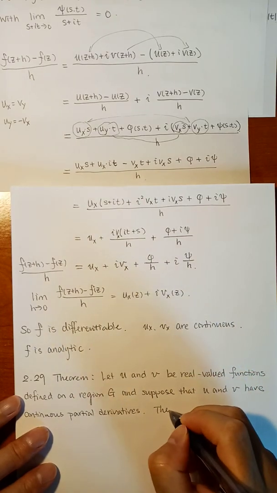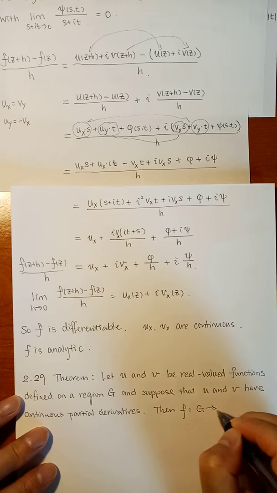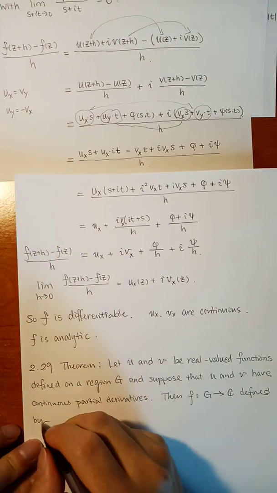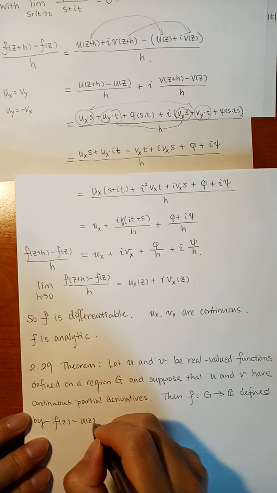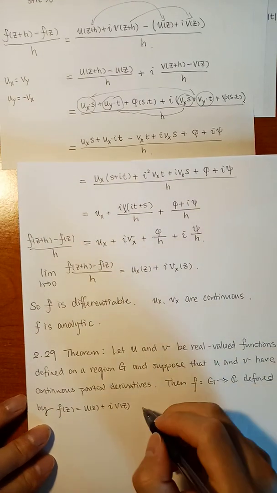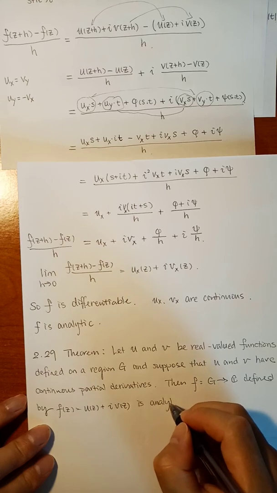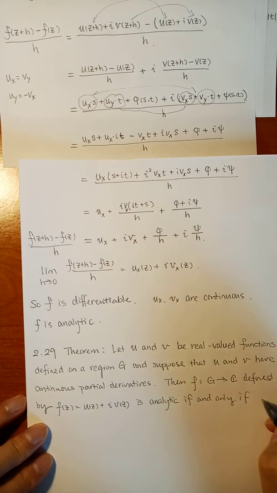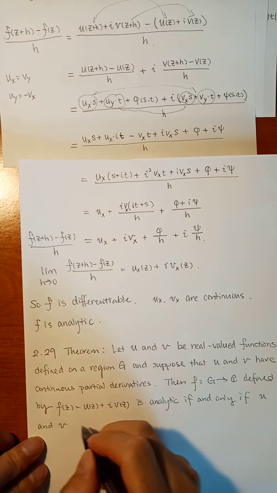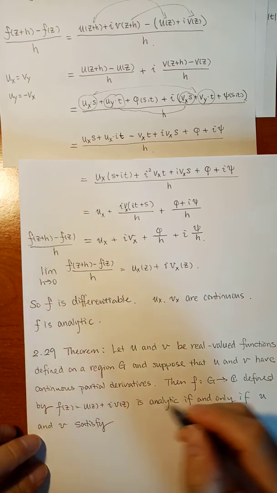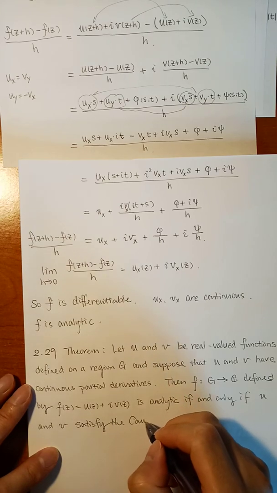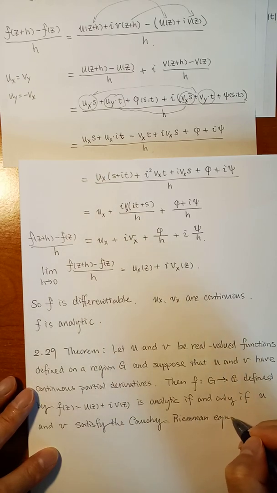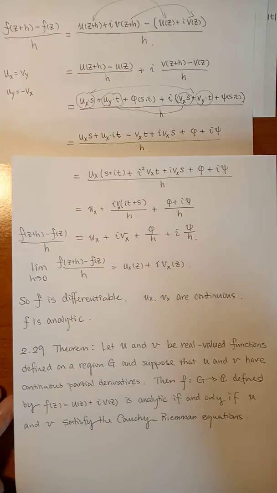Then f from G to C defined by f(z) equal to u(z) plus i v(z) is analytic if and only if u and v satisfy the Cauchy-Riemann equation.